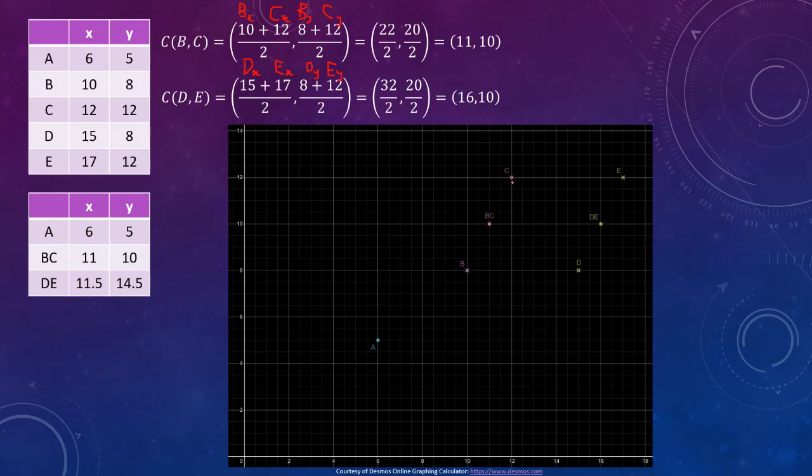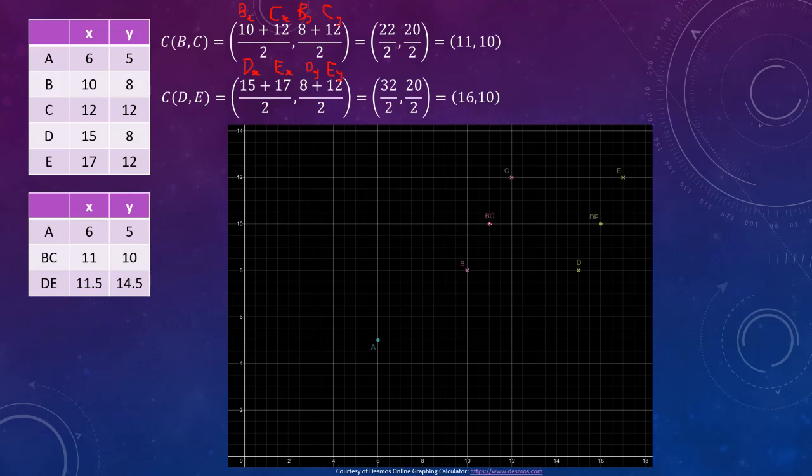And I've X'd out these ones because we no longer need those. From now on, when we're calculating the distance, for our distance matrix, it's not A to B, A to C, it's now A to BC, A to DE, and DE to BC. So that's how that's going to work.